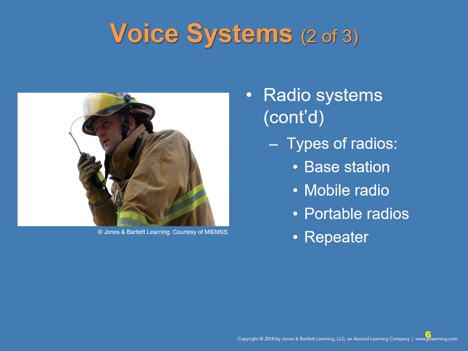Several types of radios exist. A base station is a powerful stationary two-way radio that is located in a fixed place and attached to one or more fixed antennas. A mobile radio is a device that is mounted in a vehicle and draws electricity from the electrical system of the vehicle.